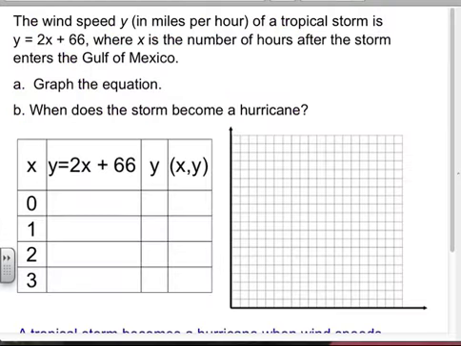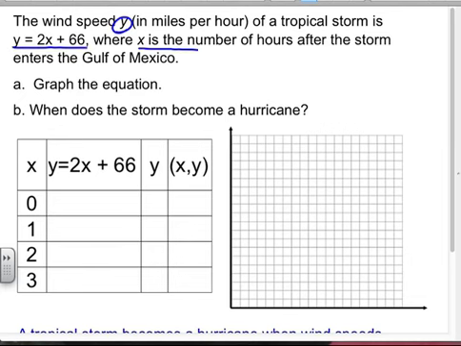One more example. This is kind of a word problem that they're setting up to get you to see that linear equations can be applied to real-world situations. Now check this out. The wind speed, y, in miles per hour, of a tropical storm is represented by this equation: y equals 2x plus 66.